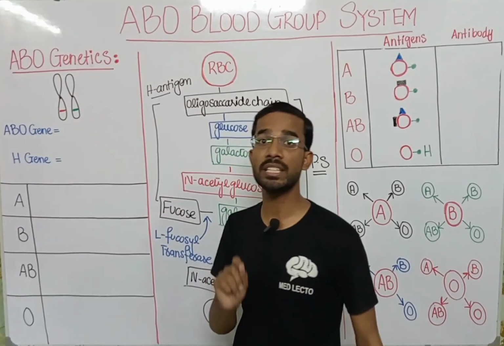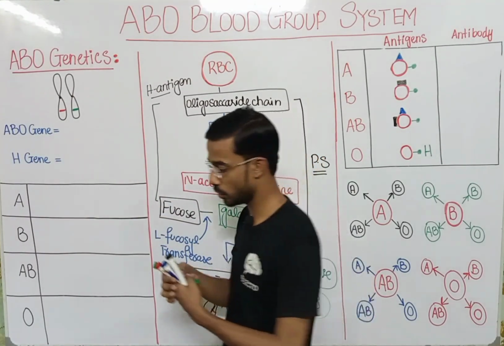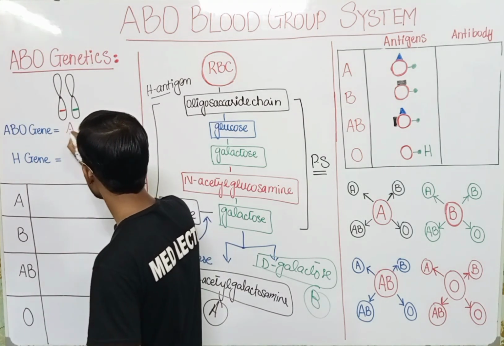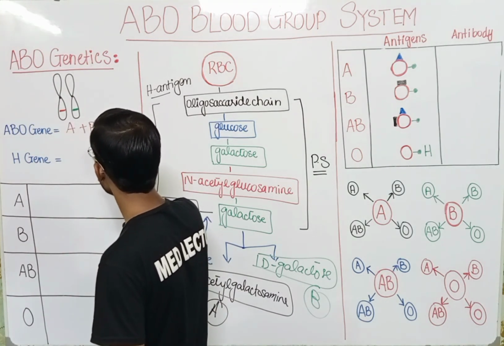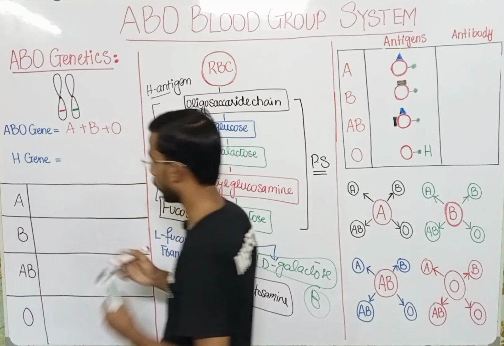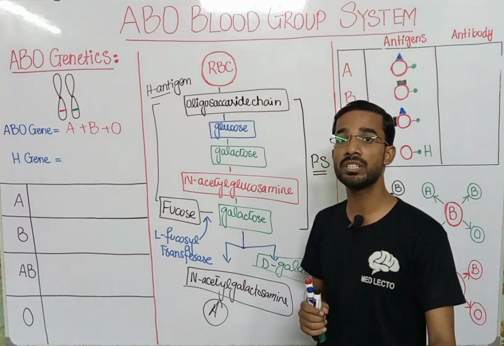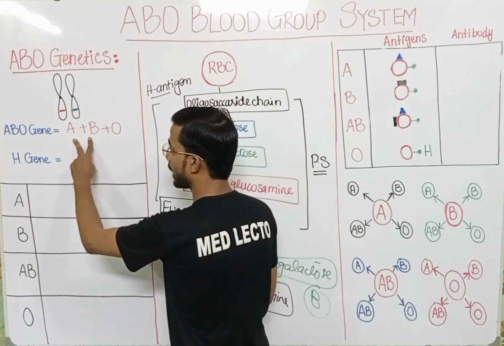In the ABO gene you will see three alleles: allele A, allele B, and allele O. But keep in mind, in one person you will see just one pair.